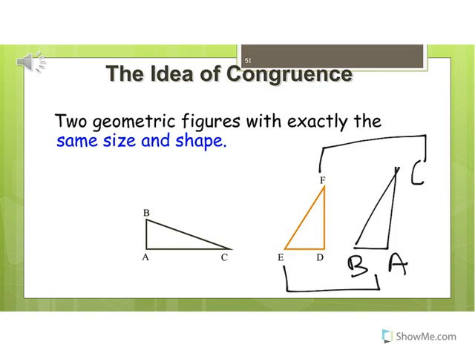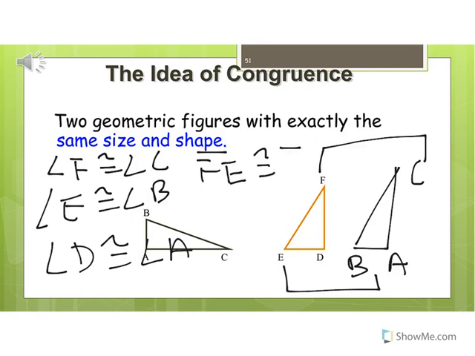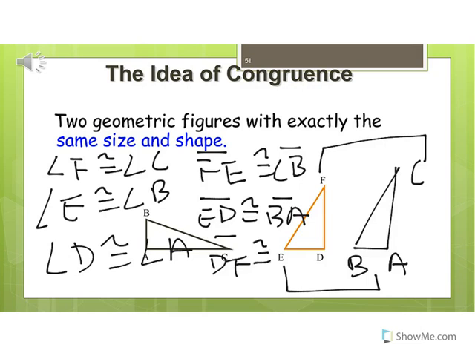Right? So from our previous example, we can say that angle F is congruent to angle C, and angle E is congruent to angle B, and angle D is congruent to angle A. And the side FE is congruent to the side CB, and the side ED is congruent to the side BA, and the side DF is congruent to the side AC.